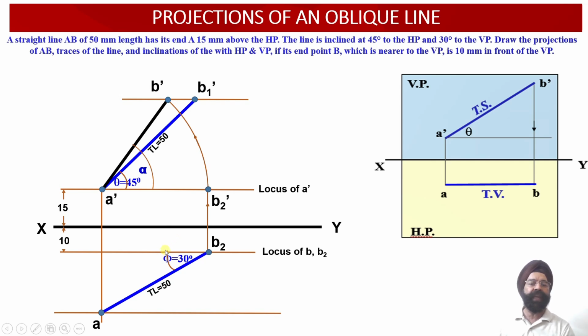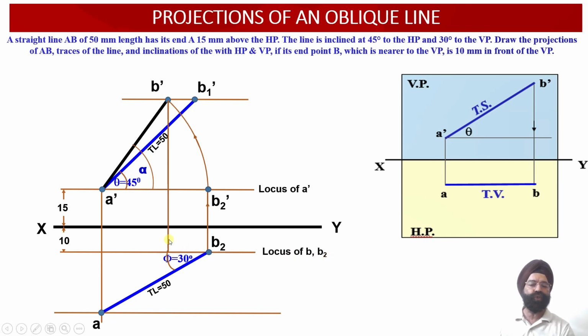Point B can be evaluated by two methods. One method is by using the rotation of the line method. The second method is, since B dash has already been evaluated, we can draw a vertical projector line from B dash onto this horizontal locus line which has been drawn at a distance of 10 millimeter from the vertical plane, which is the locus line corresponding to the points B and B2.